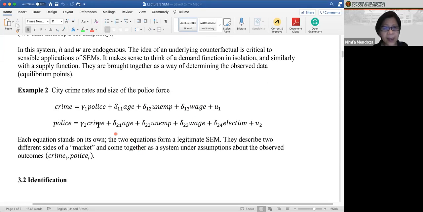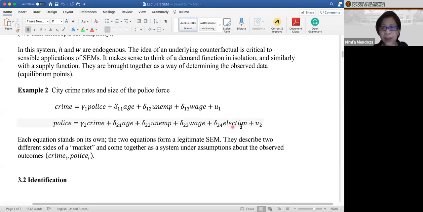For the second equation, this is a measure of police enforcement, but police enforcement is also a function of crime. Well, usually if there is a higher crime rate, you would expect a higher police presence. Okay. Then we have the other variables, age, unemployment, and wage, which also appears in the first equation.